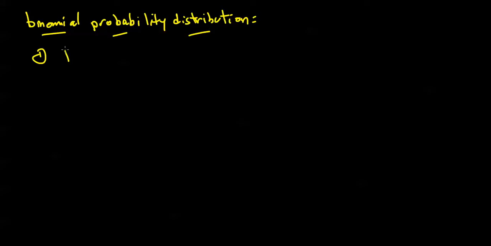You've got a fixed number of trials. In our problem types where we're seeking the probability of 3 boys in 4 births, 4 would be our number of trials here, just like the number of children in that type of scenario.